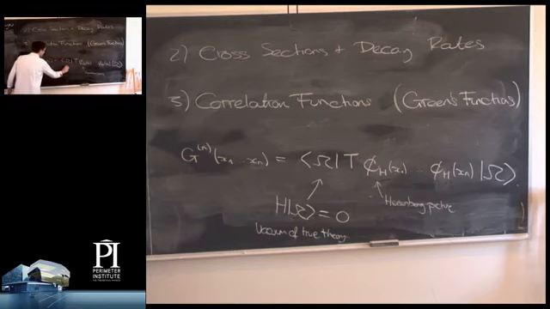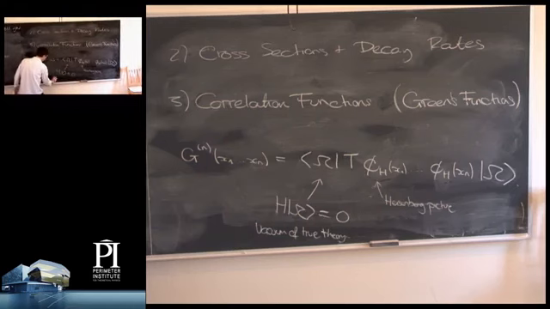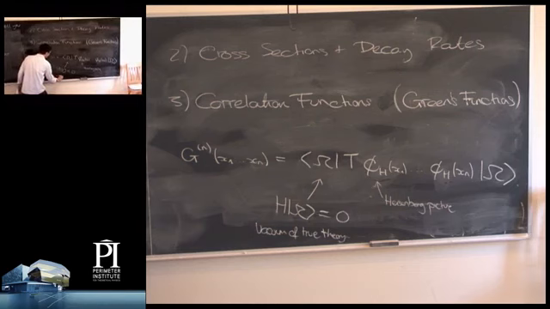And this state here is the vacuum of the true theory. That's a somewhat different object from what we've been calling zero, which was the vacuum of the free theory. Okay?